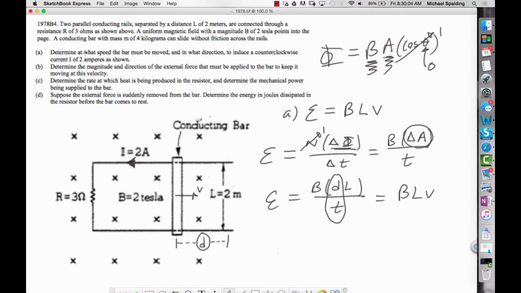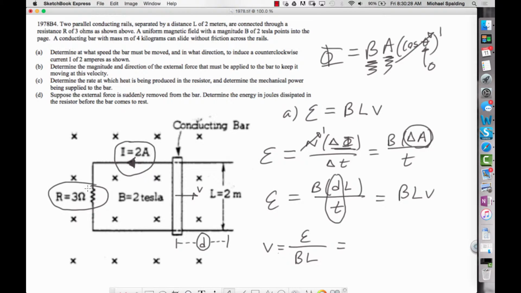The first question is determine what speed the bar must be moving. So the velocity of the bar is going to be the induced voltage divided by BL. Okay, now what's the induced voltage? Oh my gosh, it's 6 because we can figure it out. We have 2 amps across 3 ohms.